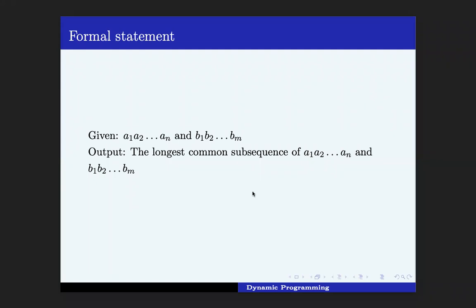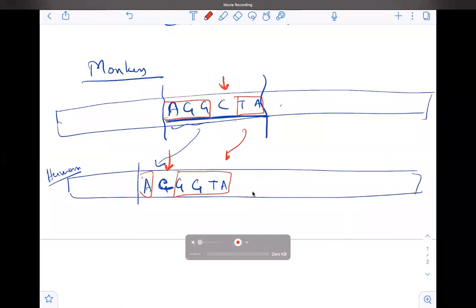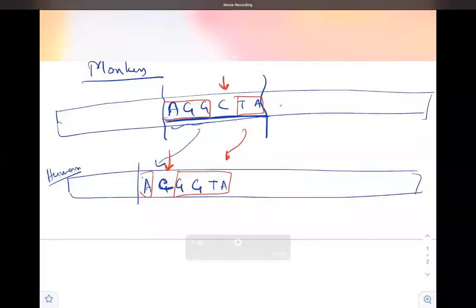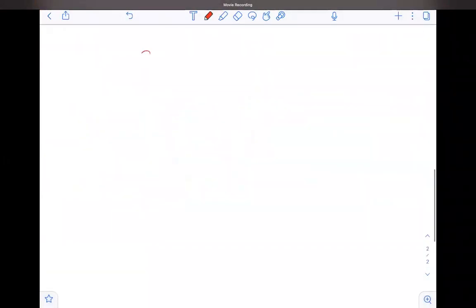Okay, now whatever you told, if I understand it correctly, let's try to see what's going on here. You have A1 to AN, and B1 to BN.